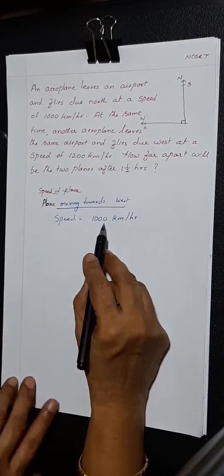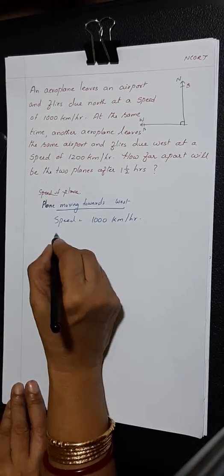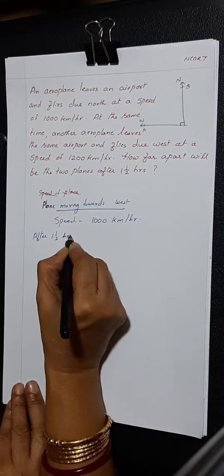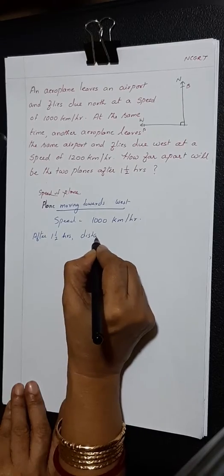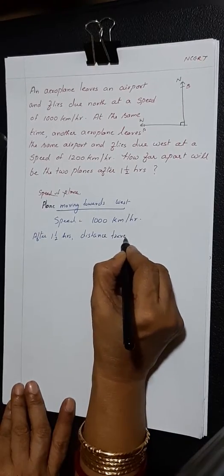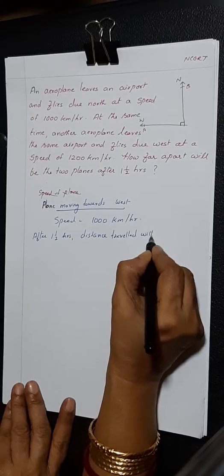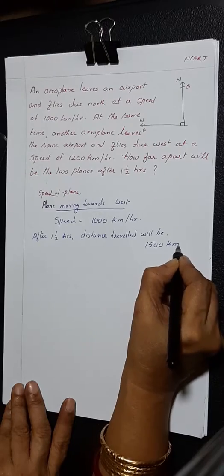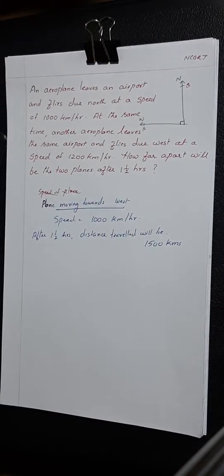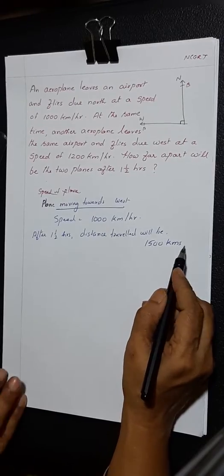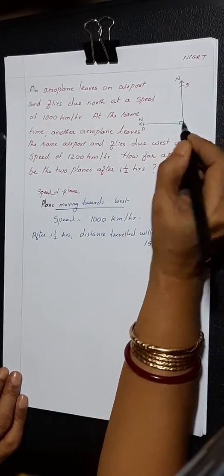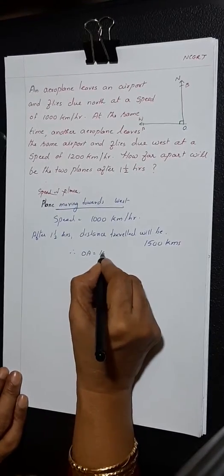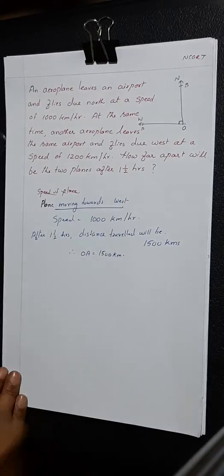That means in 1 hour it moves 1000 kilometers. So after 1.5 hours, the distance travelled will be 1500 kilometers. In 1 hour it is 1000, so in 1.5 hours it is 1500 kilometers. Suppose this is point O. Therefore, distance OA is equal to 1500 kilometers.